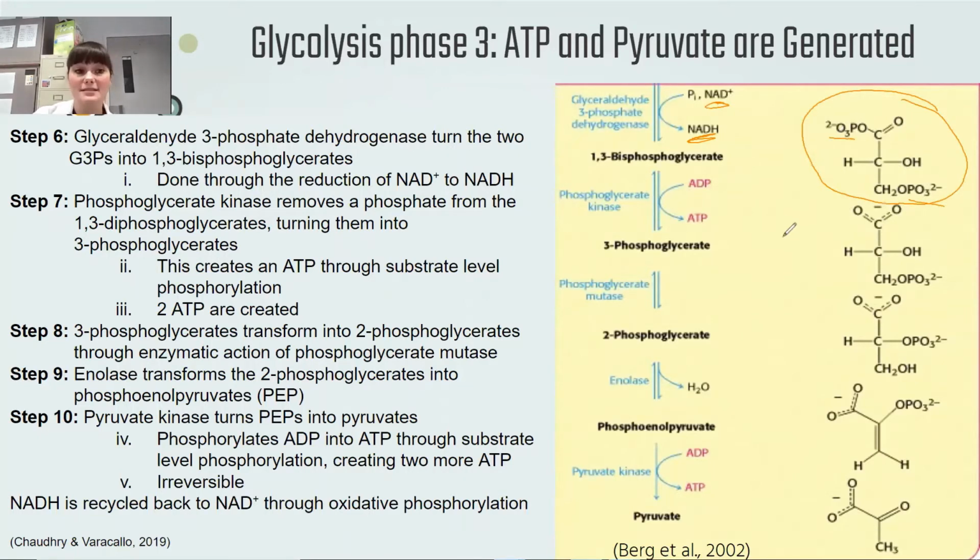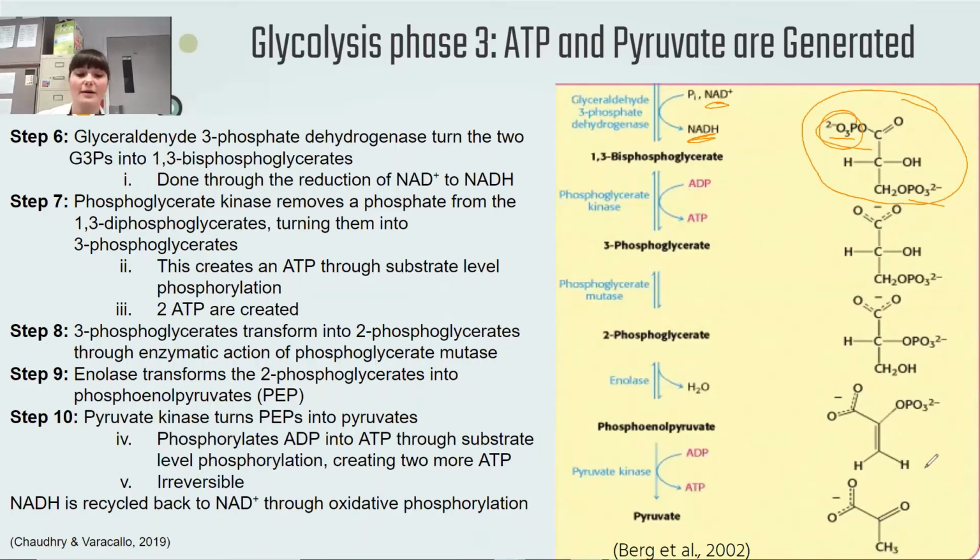And then in the next step, we're going to see phosphoglycerate kinase removing one of those phosphates, this one up here, and turning that molecule into a different one, into just 3-phosphoglycerates. Now, I would like to note that it's not just one of these 3 carbon molecules that's going to go through this process.